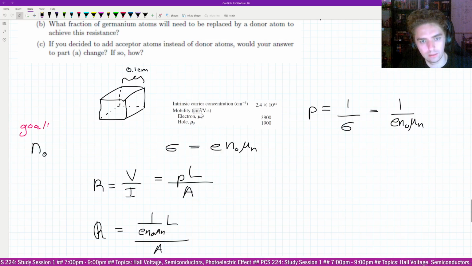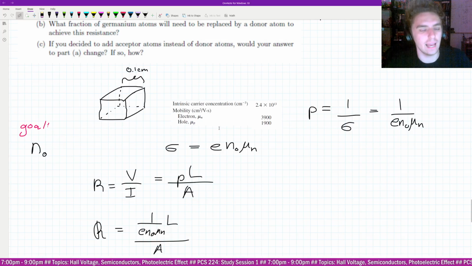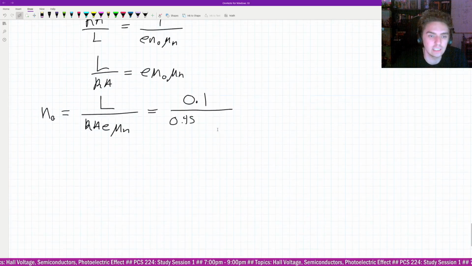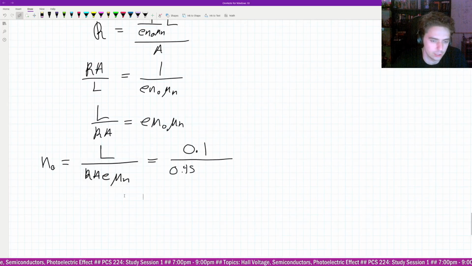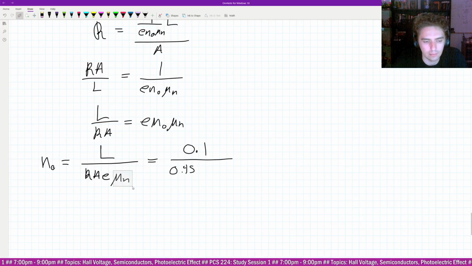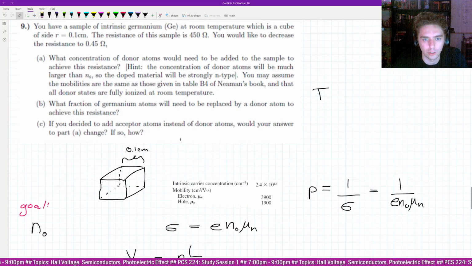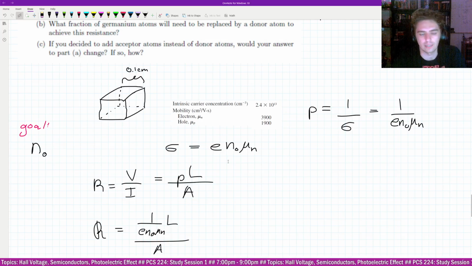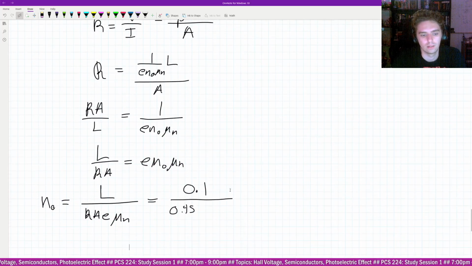In this case, it's fine because there are no Teslas or things like that. This is a length, this is a resistance, this is an area, this is a charge, and this is centimeters squared per volt second. So it's fine. Okay, thank you.